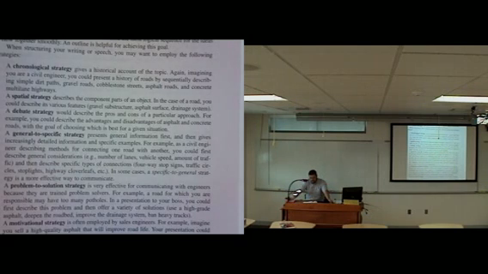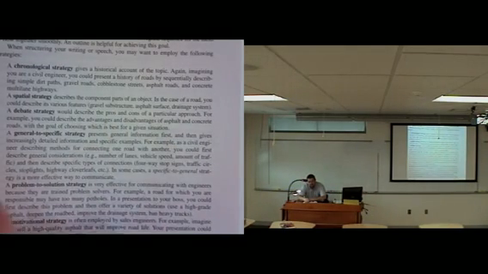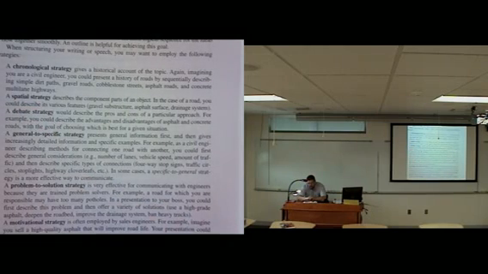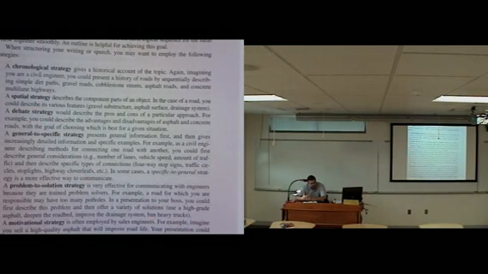Sometimes you can use a different strategy for organizing your information, your paper or your presentation, whatever it is. Another type of organization is the spatial strategy. That's the second one here. Spatial strategy describes something from the point of view of where things are, not when they happened, but where they happened.